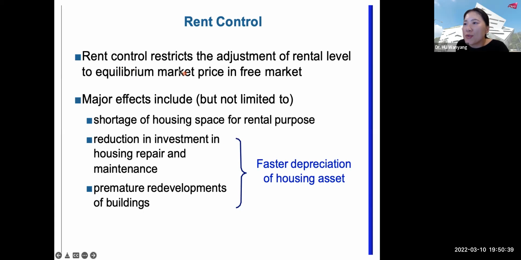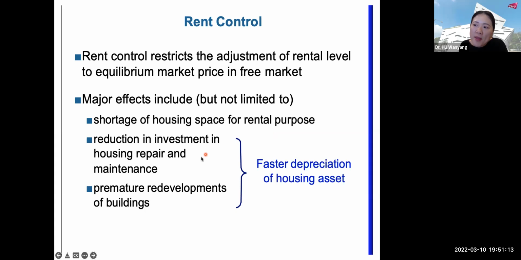So rent control restricts the adjustment of the rental level to the equilibrium market price in the free market. There are several major effects, which I think have already been discussed in your tutorial session. First of all, it will lead to a shortage of housing space for rental purposes, because landlords will be reluctant to provide housing for rental.